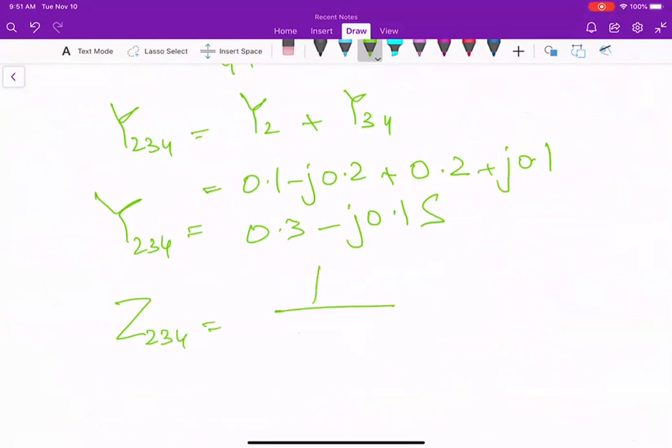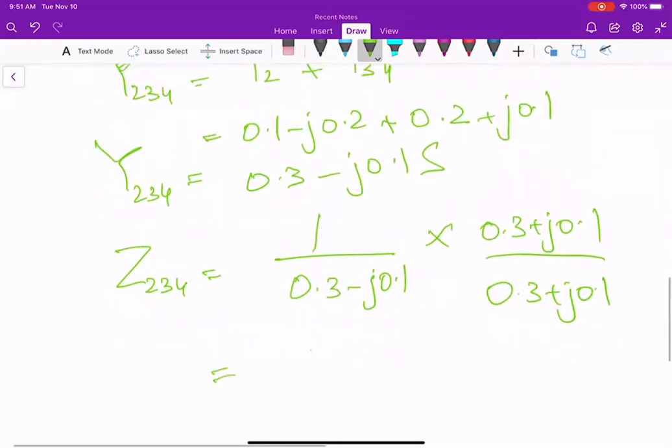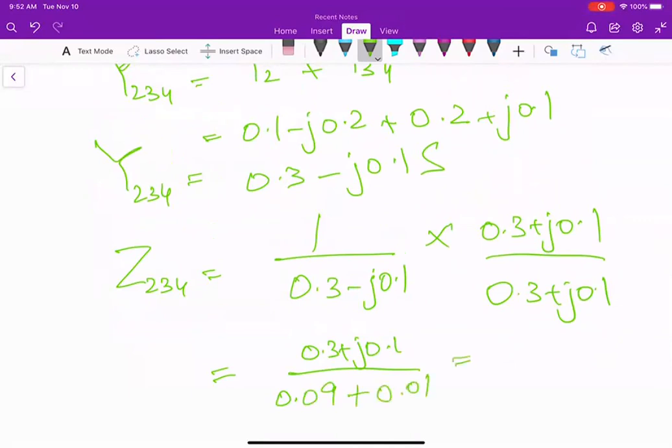That will be equal to, and multiplying it will give me 0.09, I think, and that should be 0.01. So it will become 3 plus j1 ohms.